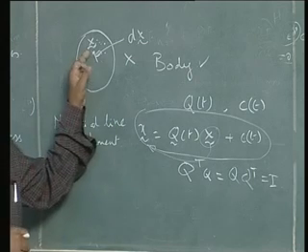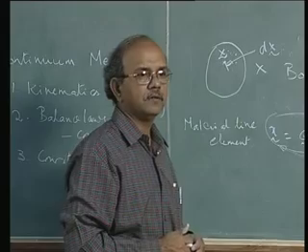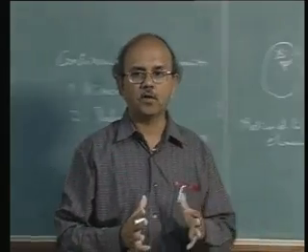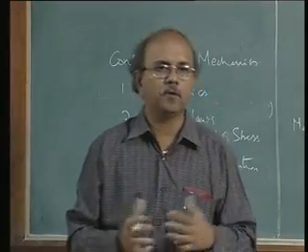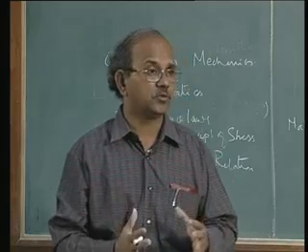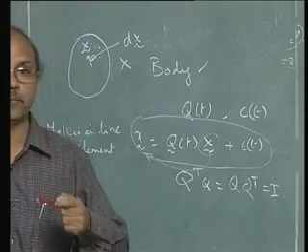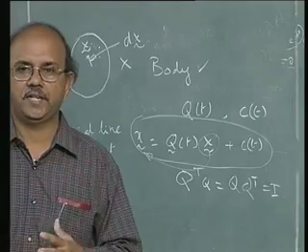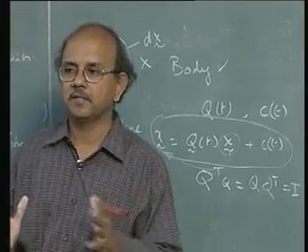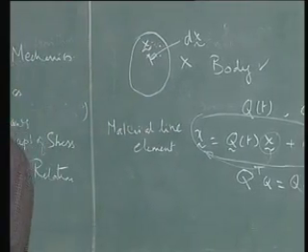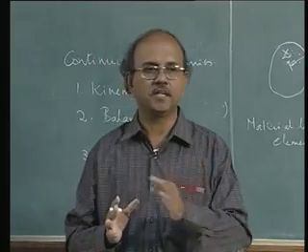Of course, there are material points all along those lines, and that's why they are called material line elements. People also call this a fiber. This has nothing to do with composite materials. It just states that it's a material fiber, nothing but a small line with material points sitting along this line.